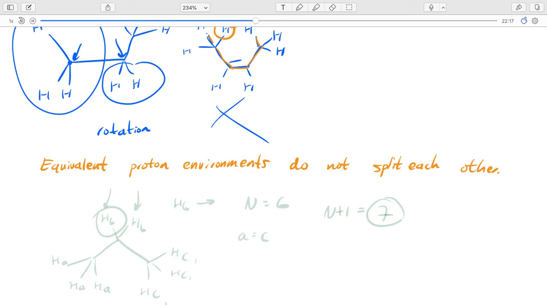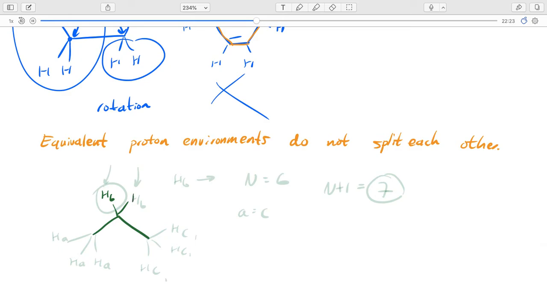So looking at propane as an example, I'll label these HB, HB, HA, HA, A, HC, HC, HC. What's wrong with that picture? Yep, A should be C.